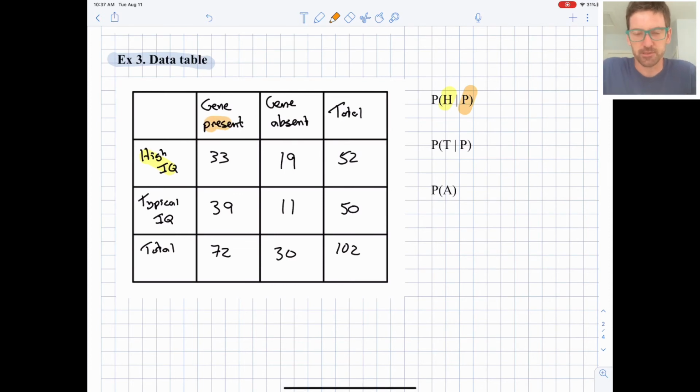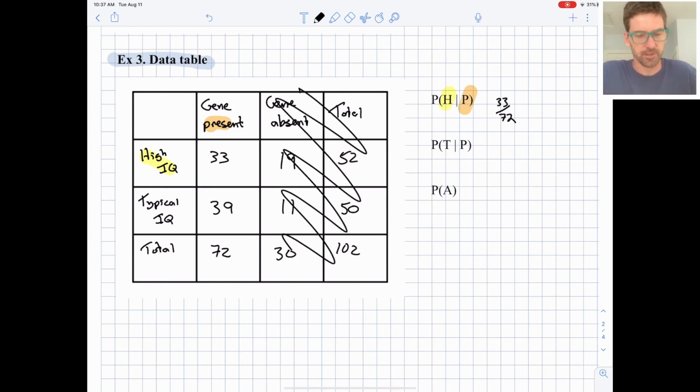Okay, so sometimes either ask if it's confusing, ask your teacher, but sometimes you can just kind of figure out what the shorthand means. So out of all the people that have the gene present, which is 72, how many of those 72 people have a high IQ, and that's 33. Okay, so again, we're crossing out all these people that don't have the gene present.